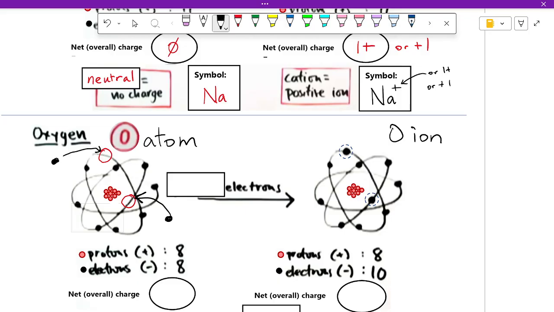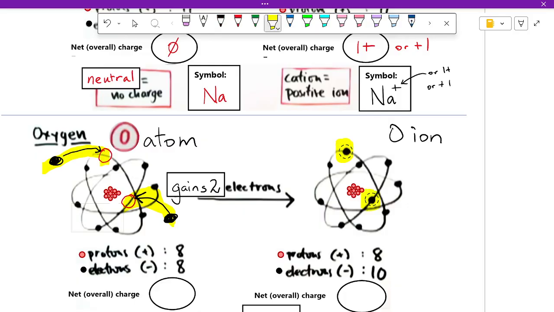So what's happening? That oxygen is gaining or losing electrons? Those electrons are going to go in and fill in there. So it gains 2 electrons. Okay, and you can see those 2 electrons that it gained are there and there.